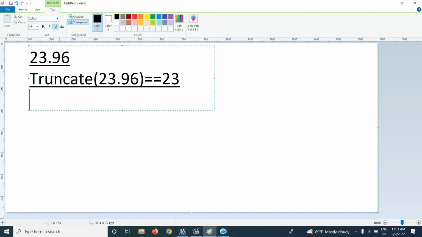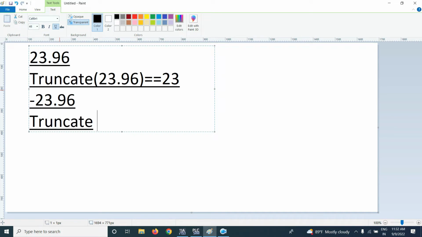And the same if the value is minus 23.96, then truncate of minus 23.96 equals minus 23. So truncate just suppresses the decimal point value and makes the real value an integer value. Just suppresses the decimal point. Okay.